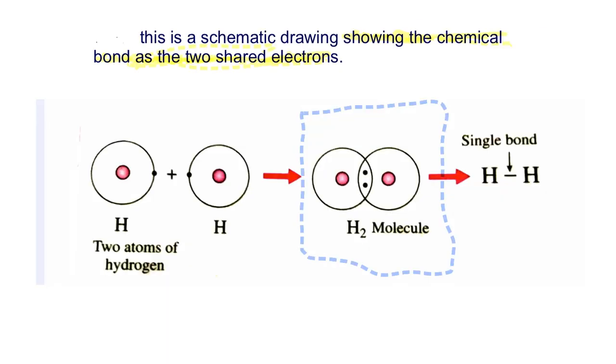Okay, this right here, with the shared electrons in the covalent bond, that is the Lewis dot structure. We show the electrons in the outermost shell.